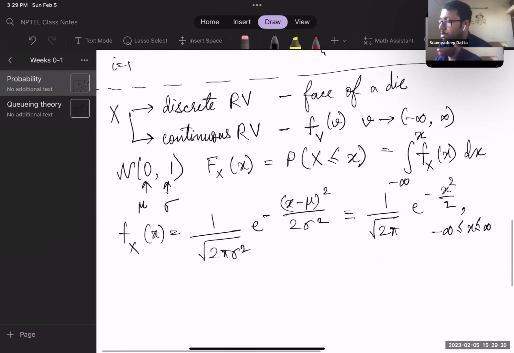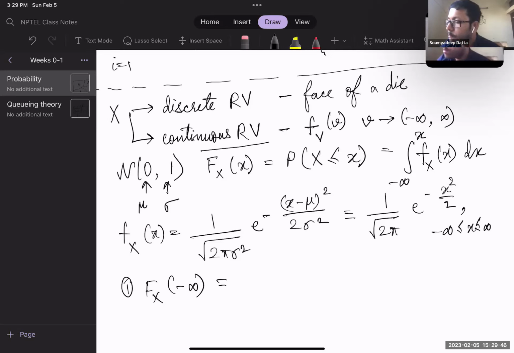But can we tell the value of these three quantities? Firstly, let us try Fx of minus infinity. Can we tell what this value will be, just from this expression here?